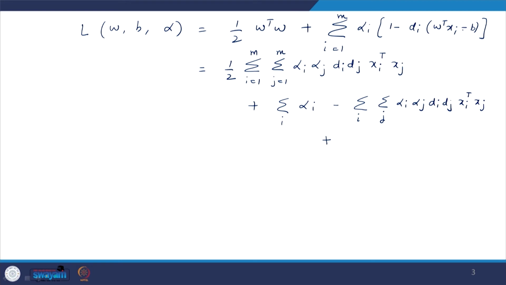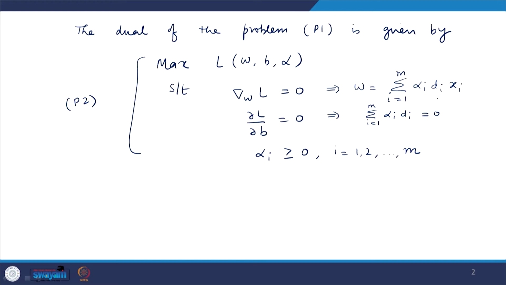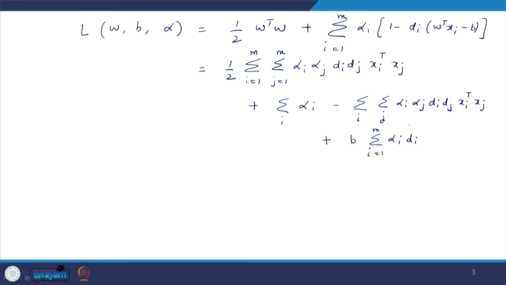The last term, negative negative positive, has B coming out: B times summation i from 1 to m alpha_i d_i. Now, the sum of alpha_i d_i is 0 from the second constraint, so this term vanishes. Then plus half and minus 1 gives minus half.